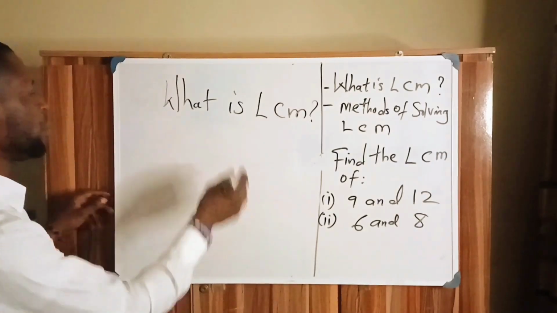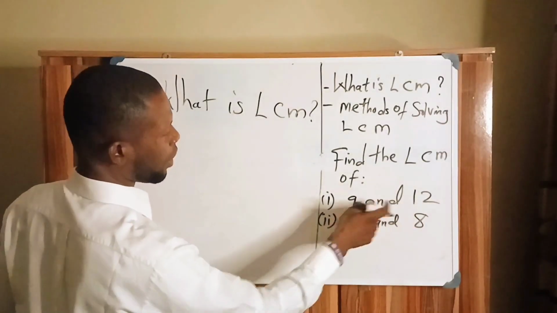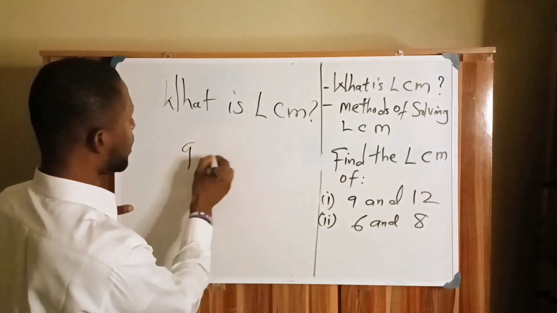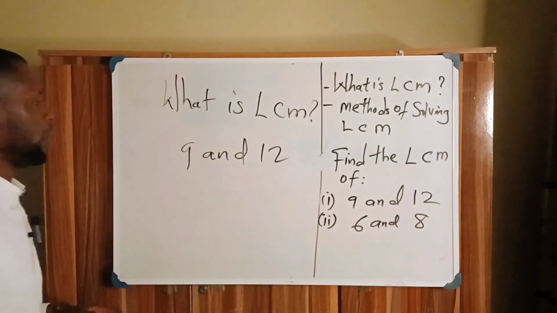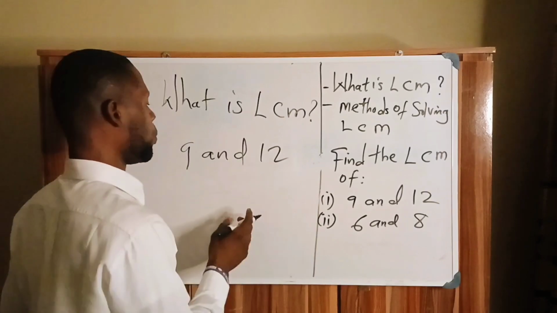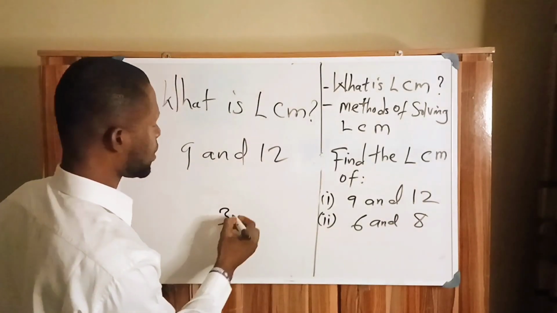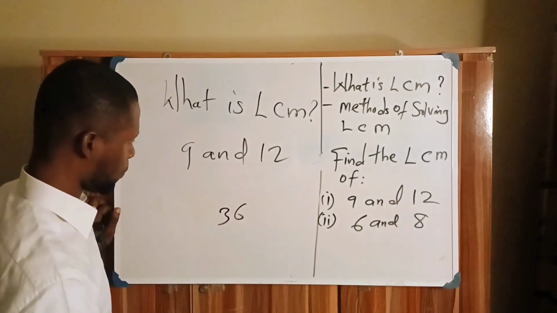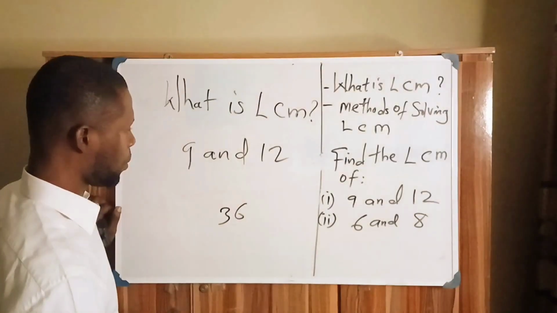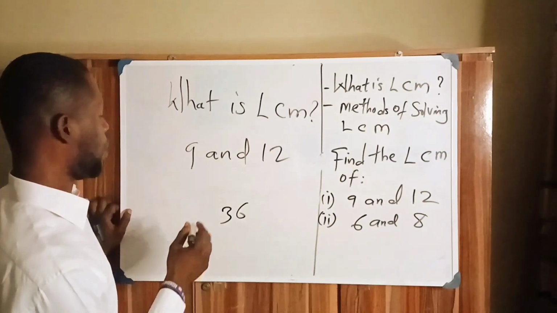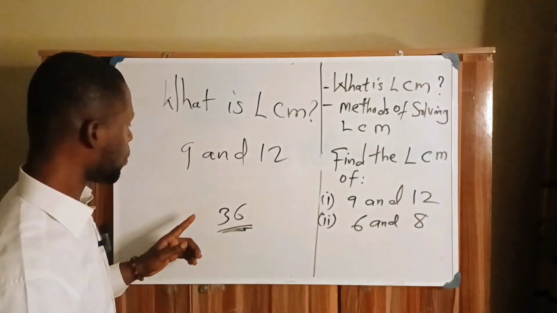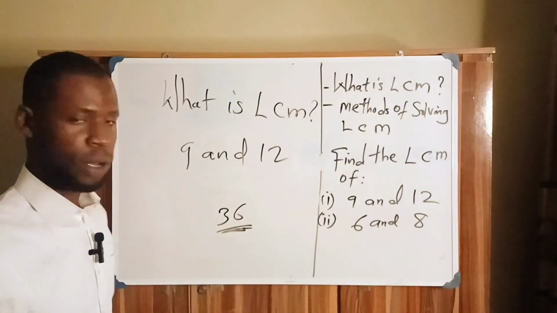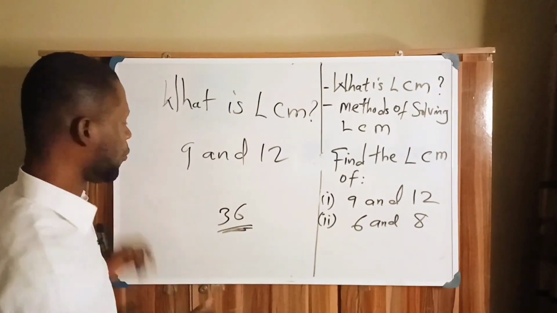For example, the LCM of 9 and 12 is 36. Now, 36 is exactly divisible by 9 and 12. That is what we simply mean.